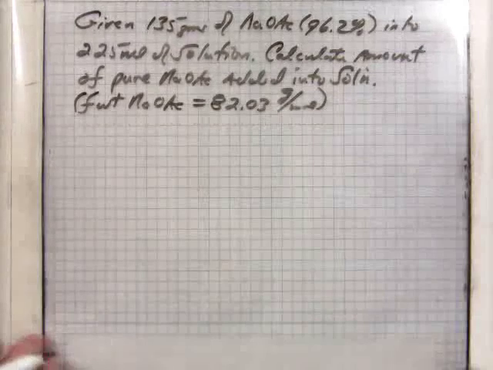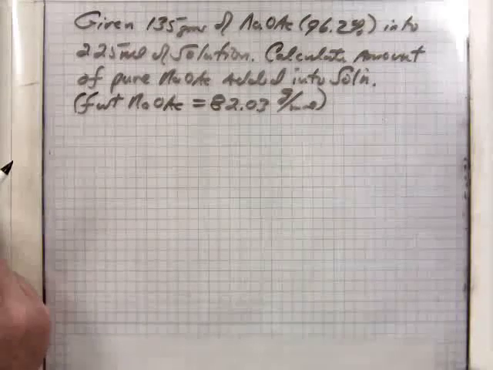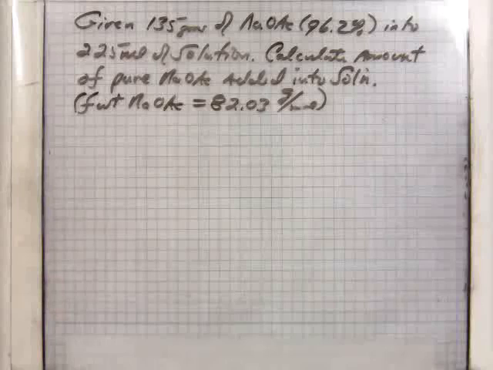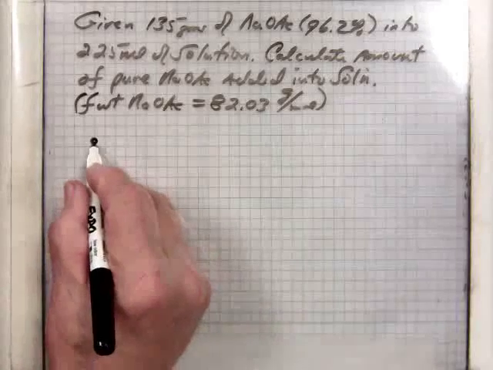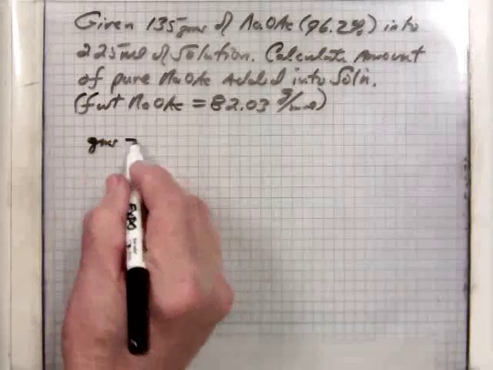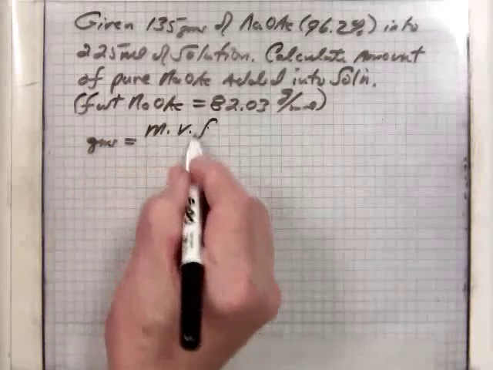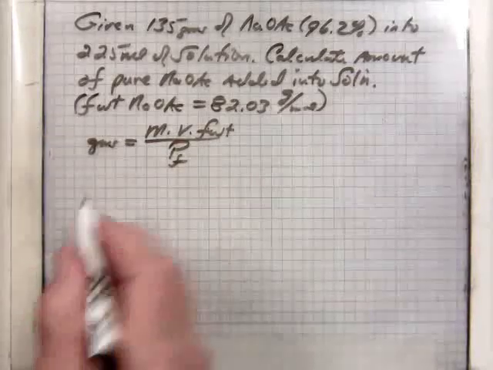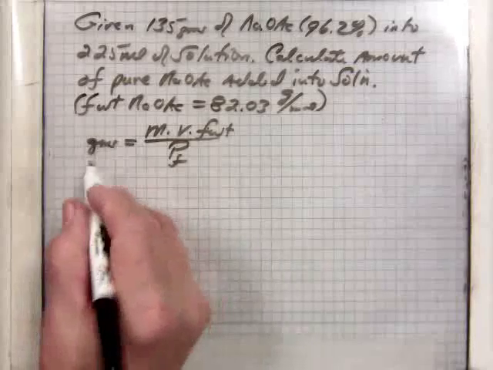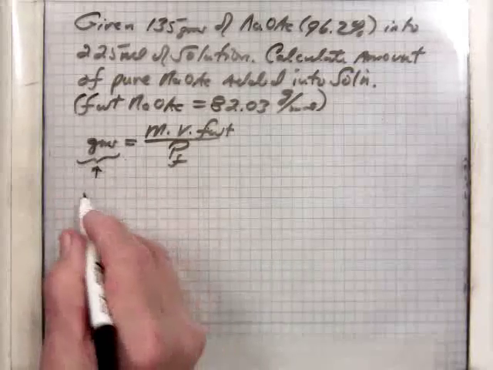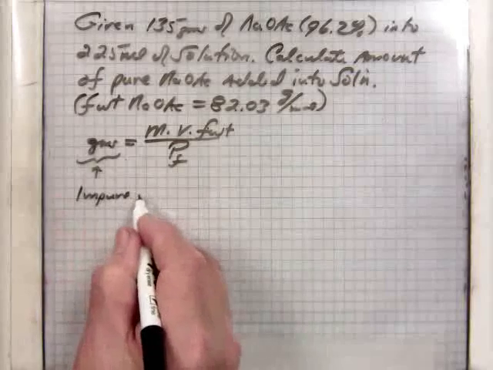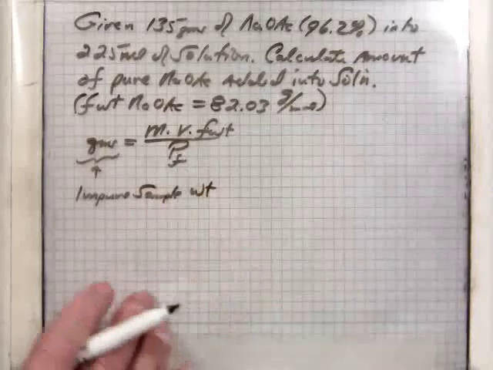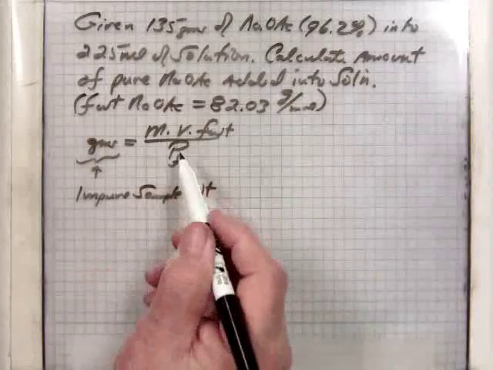Now the problem can be worked using the formula that I gave you on determining the mass of sample needed to make a solution, that is, mass in grams is equal to molarity times volume times formula weight over the purity factor. Now the grams of sample would be the impure sample, because the formula takes into account the purity factor against the pure substance.